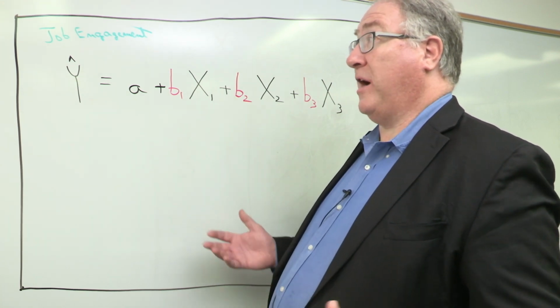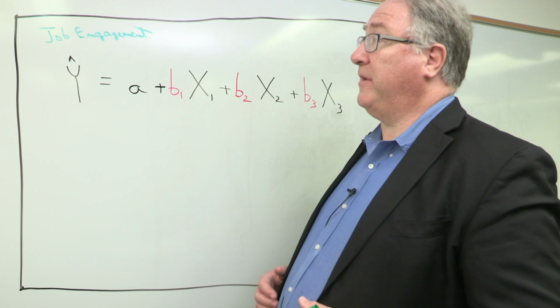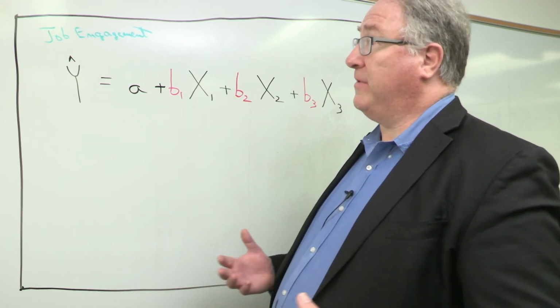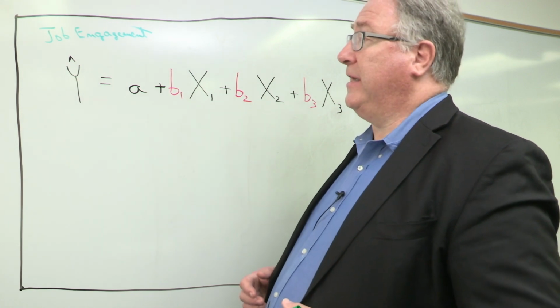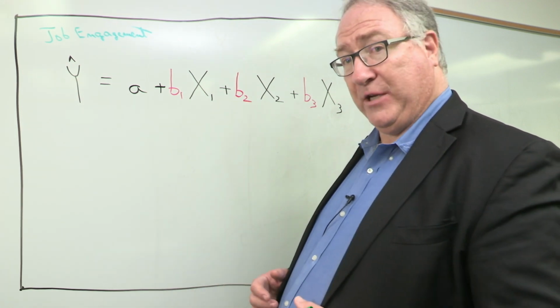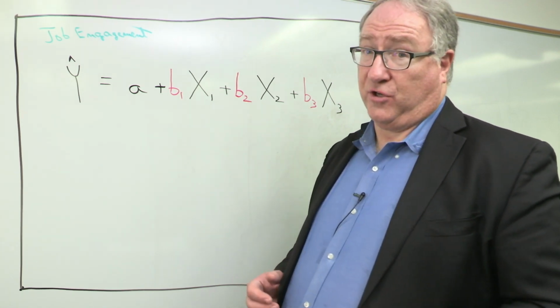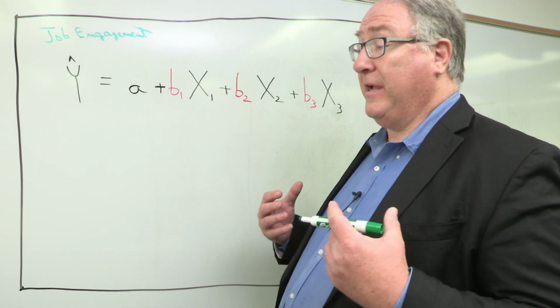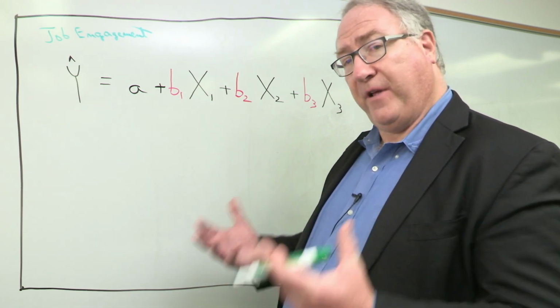And then you have people who are at higher levels of job engagement where they do find some purpose or some fulfillment in their work, and they have some sense of personal connection with their job and engagement with it. And so those would be more moderate scores on a job engagement measure. And then you have people who are very engaged in their jobs, where the job gives them a great sense of purpose and of fulfillment.